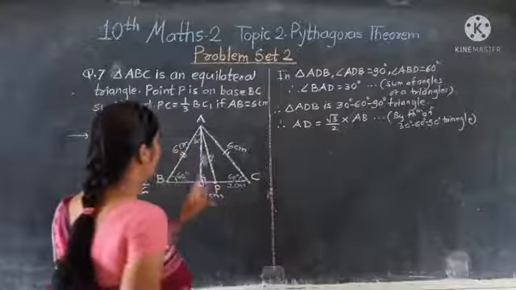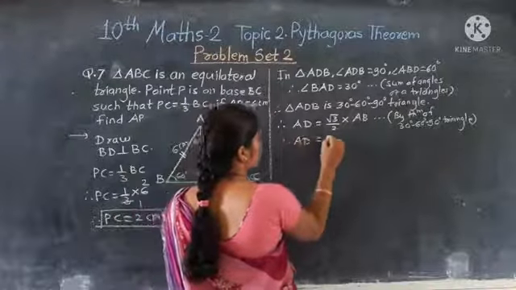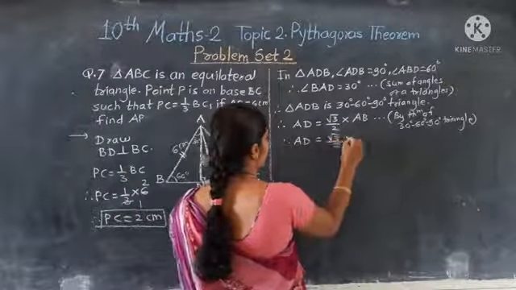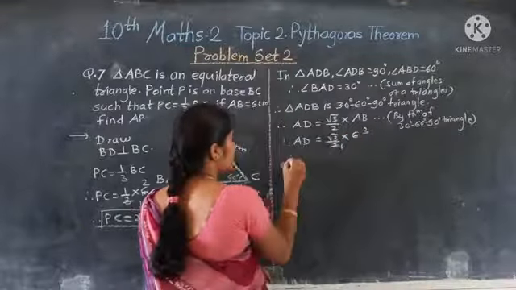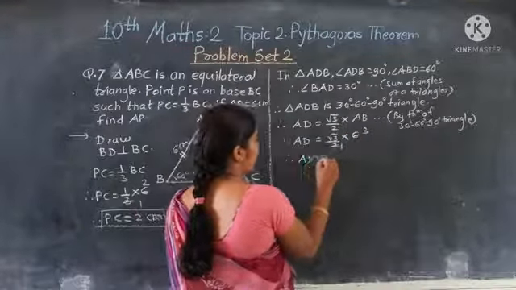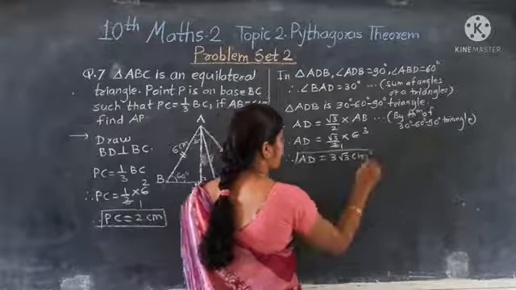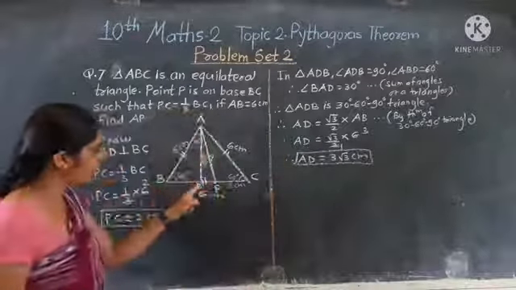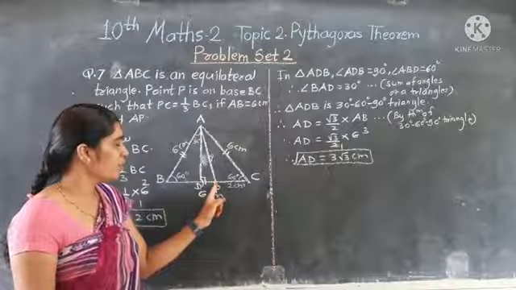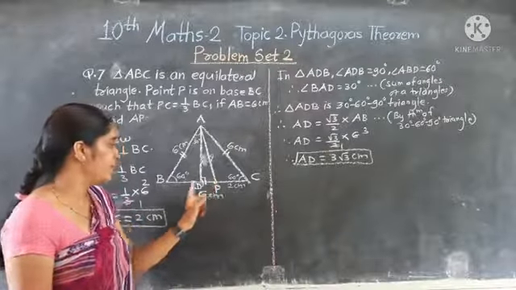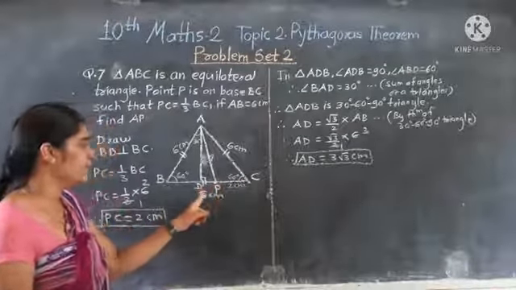So here we will find AD. Therefore, we get AD is equal to root 3 upon 2 into 6. 2 ones are 2, 2 threes are 6. So we get AD as 3 root 3 centimeter. We found AD. Now we have to find DP. See here, PC is 2 centimeter.